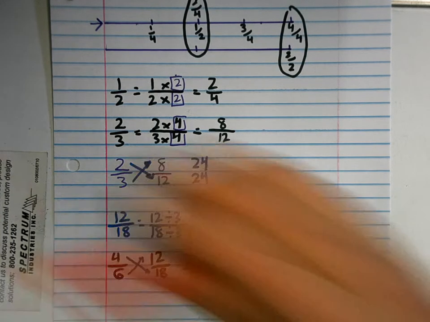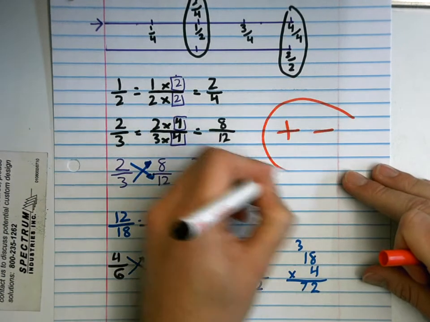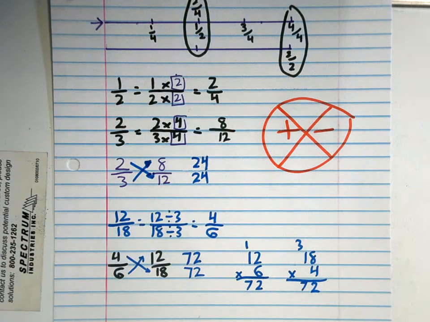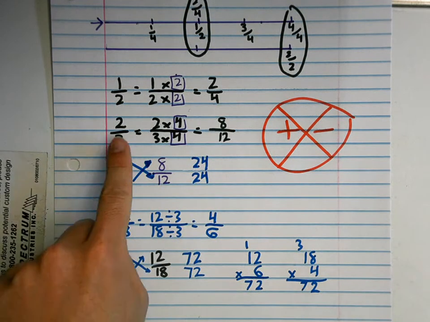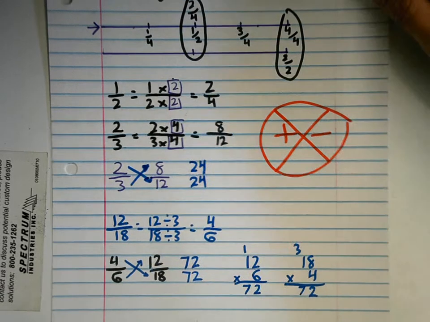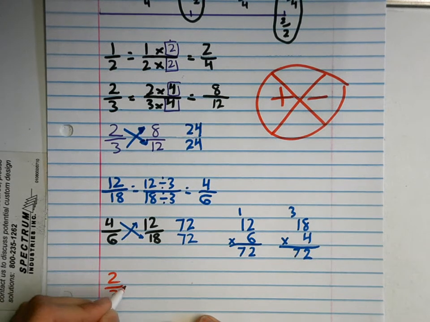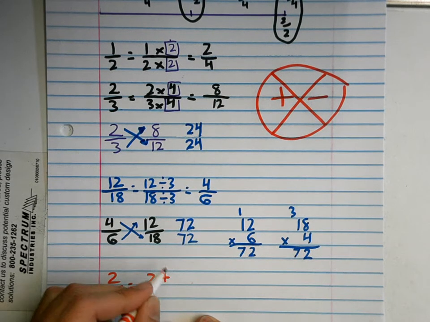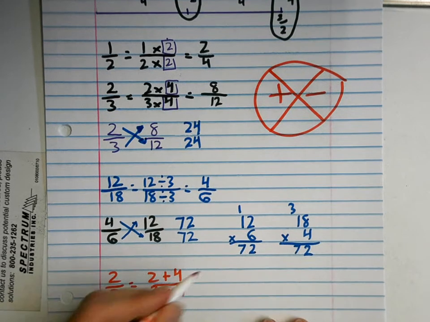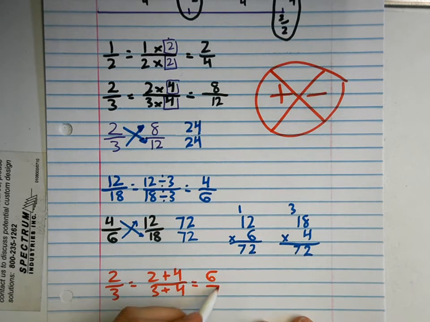Now, this does not work with addition and subtraction. It doesn't. I'll use these ones up here and show you. If I go 2/3 equals 2 plus 4, 3 plus 4, because I'm adding or subtracting, 6/7.